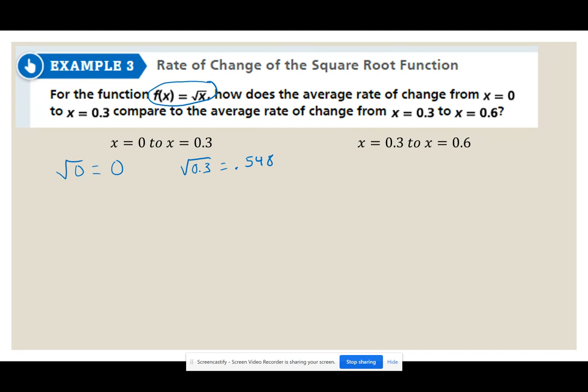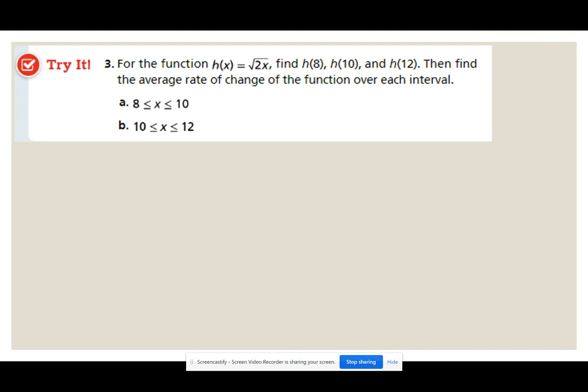Now, if you remember from when we talked about rate of change before, our equation is y2 minus y1 over x2 minus x1. We're still going to use that concept for this one.